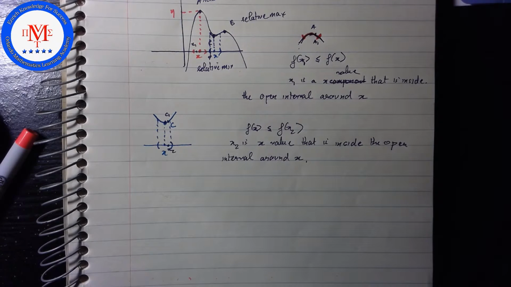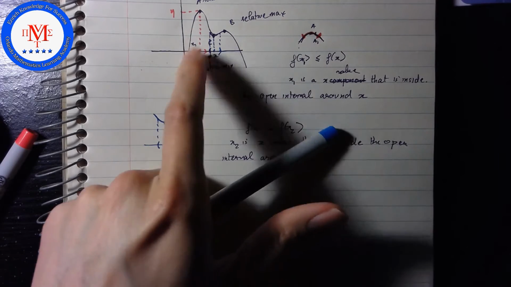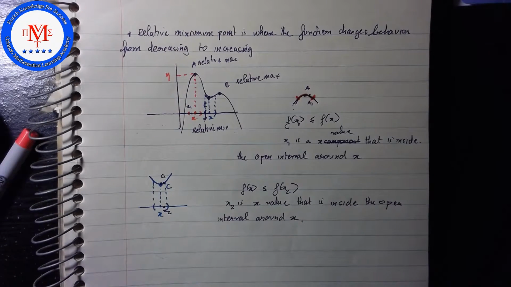So that is the theoretical definition of the relative maximum and relative minimum. The absolute maximum and absolute minimum are easy, because they are just the highest point and the lowest point. But in this example, for the graph I have here, the point A is the relative maximum and the absolute maximum at the same time.